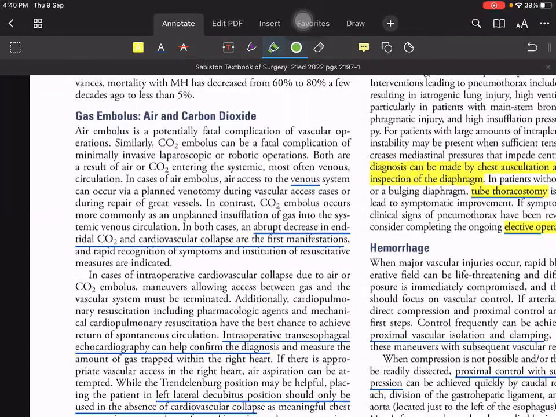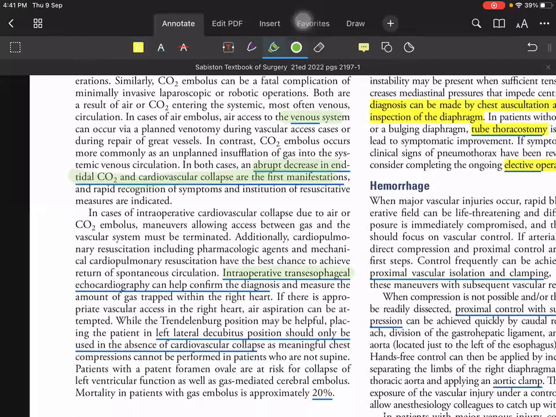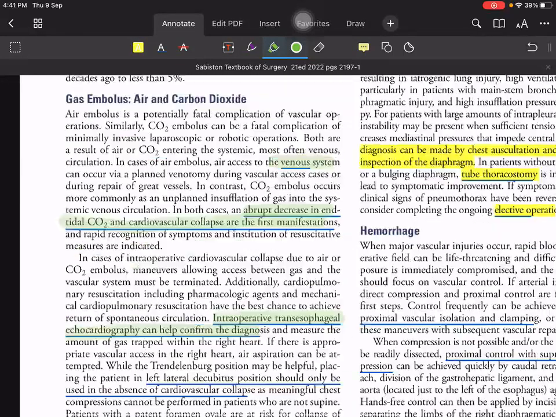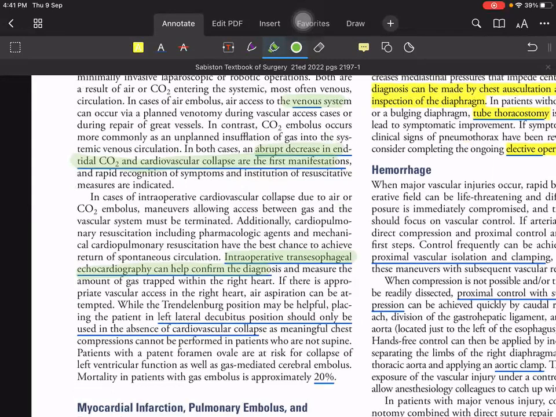Next, gas embolism: air gains access to the venous system, and an abrupt decrease in end-tidal CO2 and cardiovascular collapse is the first manifestation. Intraoperative transesophageal echocardiography can help the diagnosis. What is the best position to keep a patient with air embolism?